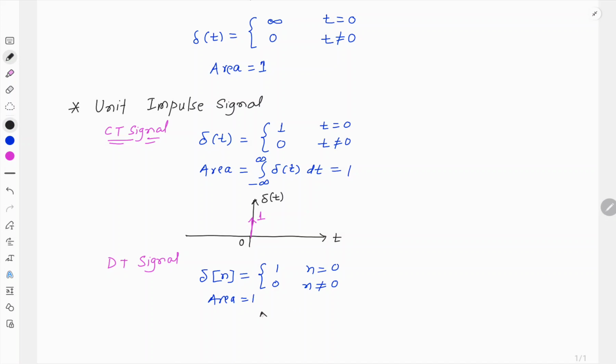Similarly, we can draw this signal with x-axis n, y-axis delta[n], and we have a pulse at origin with amplitude equal to 1. So if you look at the representation of signal in CT as well as DT domain, these representations are identical, but remember the properties of CT and DT are different. So this completes the definition of impulse and unit impulse signal.